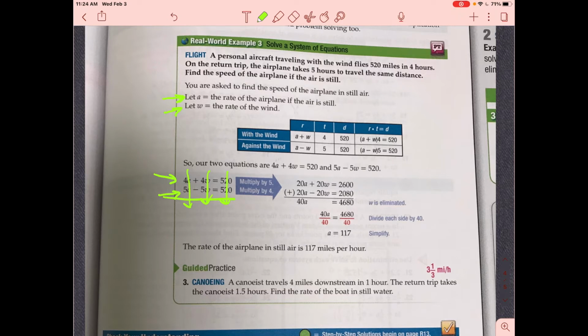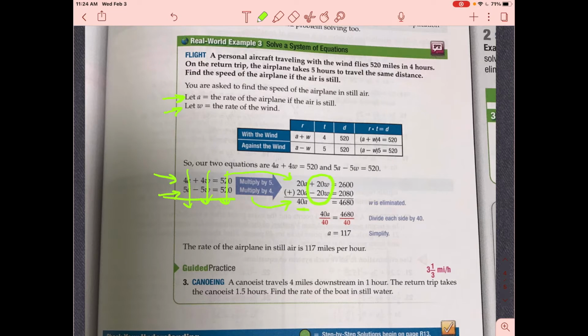So we're going to multiply the first one times 5 and get 20a plus 20w equals 2,600. And we're going to multiply the second one times 4 to get 20a minus 20w equals 2,080. And then we have the middle terms all set up to cancel.